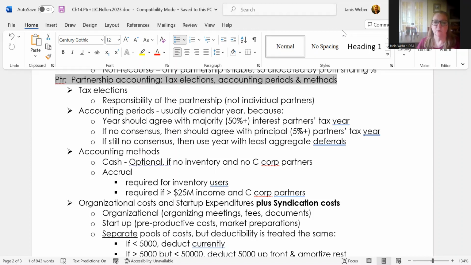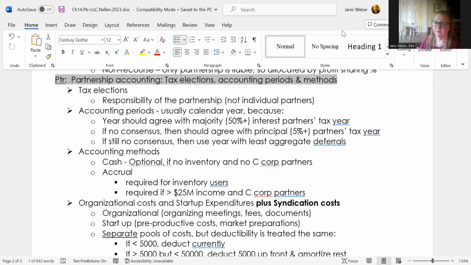So 50% or more of the partners is the majority. If 50% or more of the partners have a calendar year, whether they're individuals or corporations, that would make the partnership automatically a calendar year partnership. If there's not a consensus, you don't have more than 50%, then you would look at the principal partners, anybody that owns 5% or more, and look at their tax year and align with them.